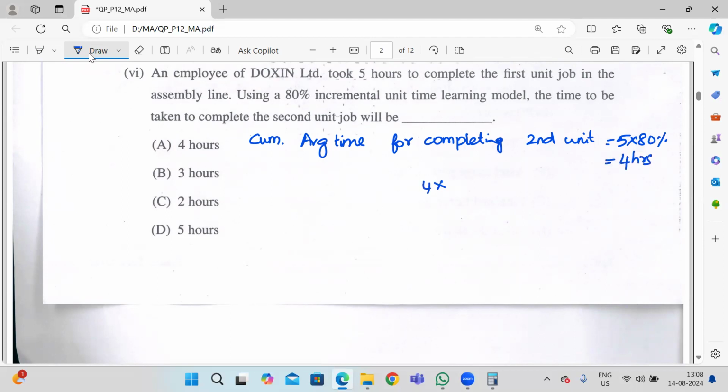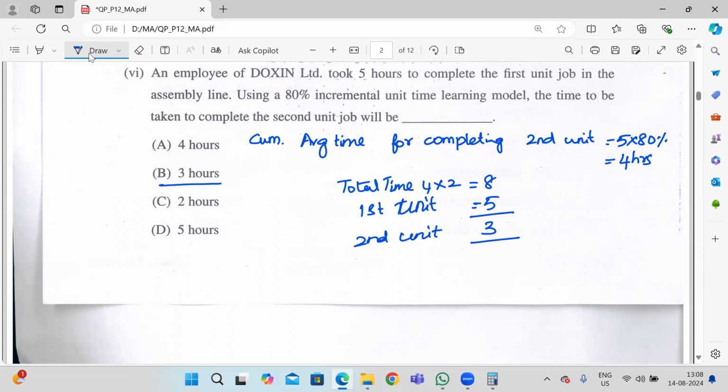So 4 into 2, total time will be 8 hours. The time already taken for the first unit is 5 hours. So the difference is the time taken for the second unit. So 3 hours will be the right answer.